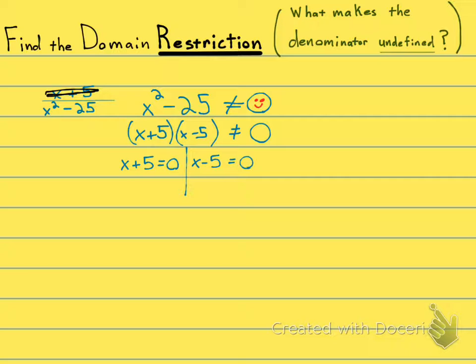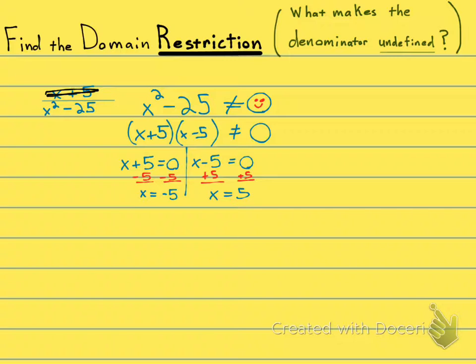And then solve. So for this equation, I subtract 5 on both sides. I will see that x equals negative 5. And here, if I add 5 to both sides, I will see that x equals 5.